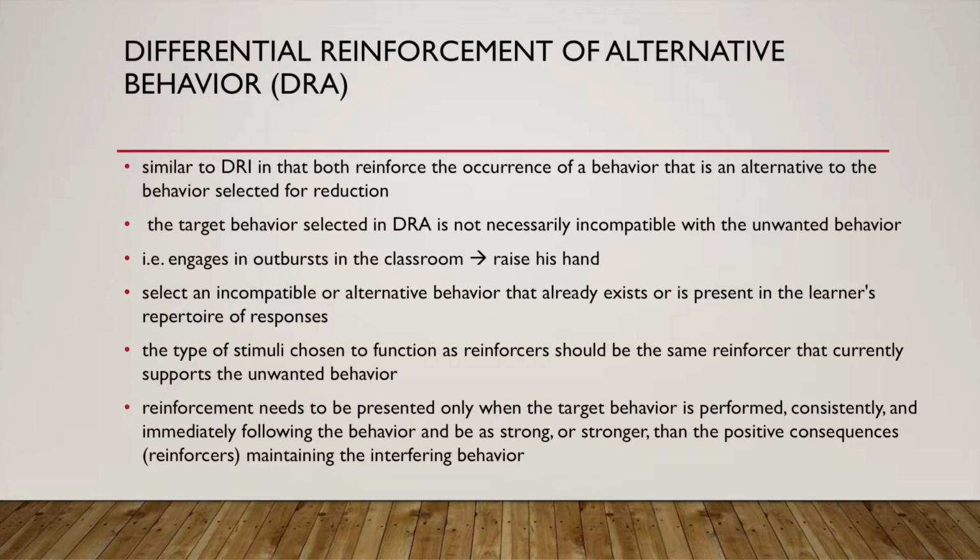So, if the target behavior is strengthened in both DRI and DRA procedures, it is important to select an incompatible or alternative behavior that already exists or is present in the learner's repertoire of responses, that will facilitate additional skill-building opportunities and that will be supported in the learner's natural environment.